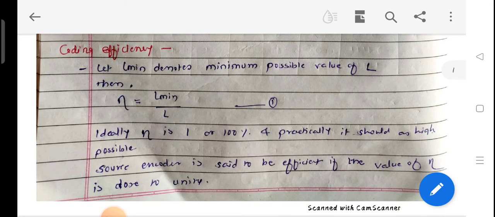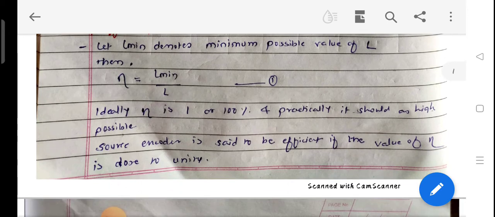Ideally the value of coding efficiency should be equal to 1 or 100%, and practically it should be as high as possible. A source encoder is said to be efficient if the value of coding efficiency is close to unity.